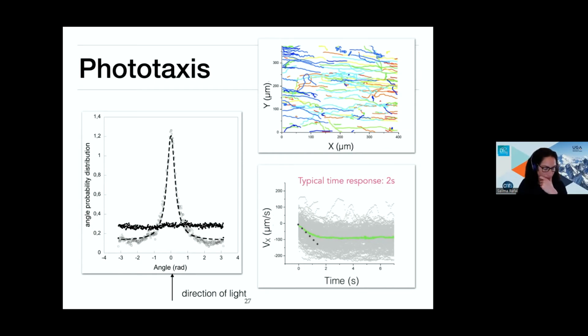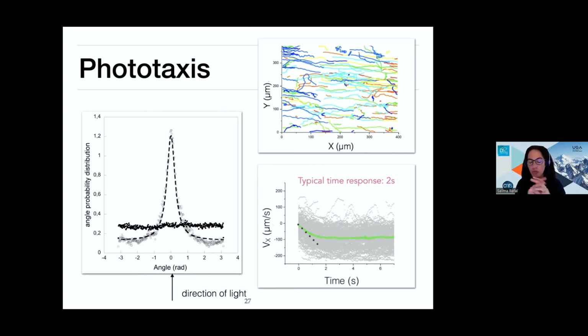So I would have expected some non-symmetric distribution of the orientation, just because without light they will tend to go up. With light they want to go horizontal, so there should be a balance.